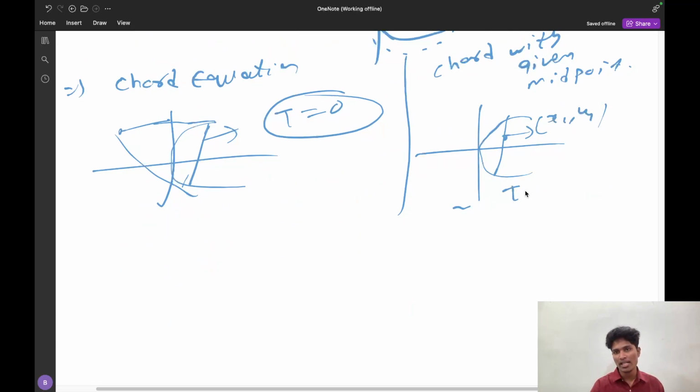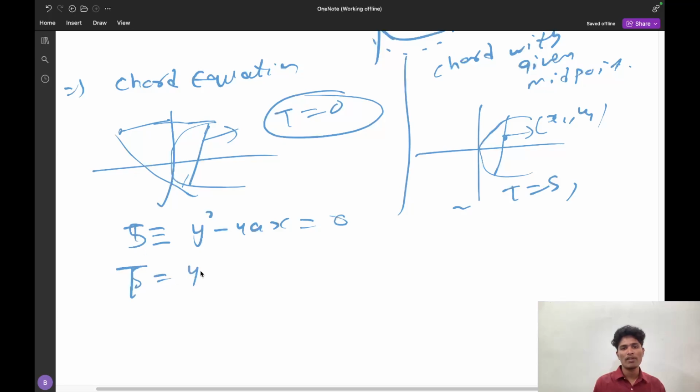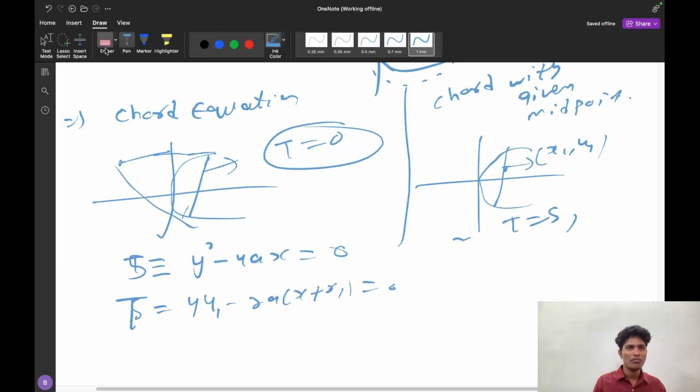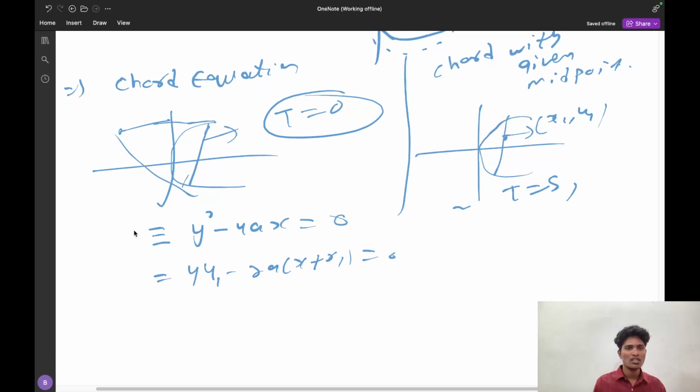Now the equation changes to T is equal to S1. I already said what T is. S is y square minus 4ax, sorry, that is S, and T is y y1 minus 2a into x plus x1. This is the transformed equation. This is S and this is T. And what is T equal to S1?